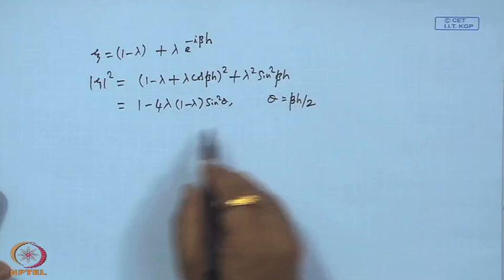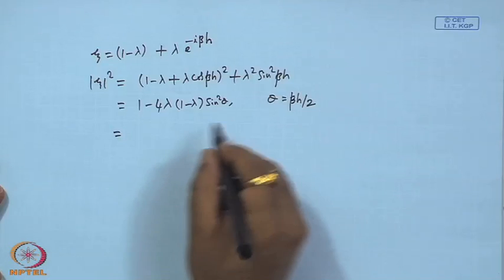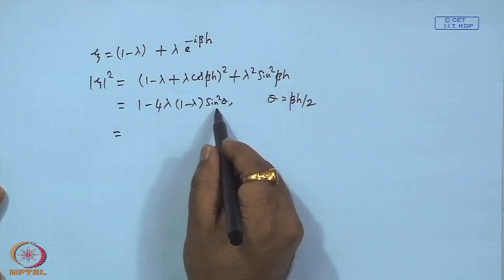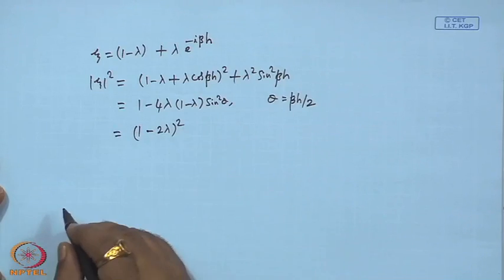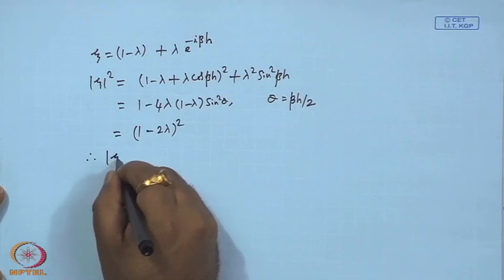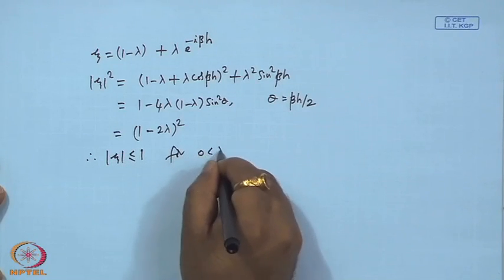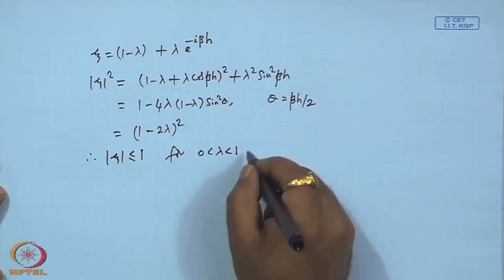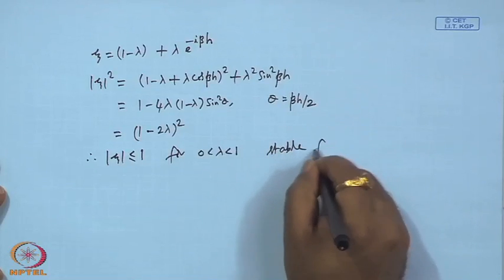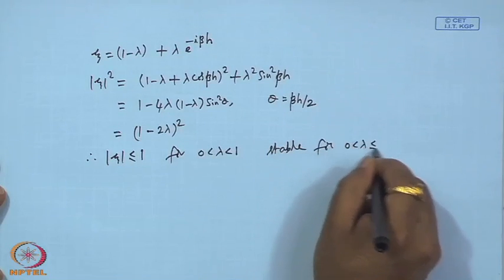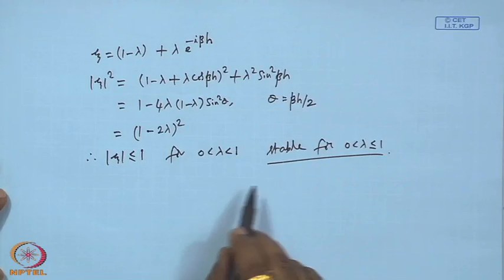So, this is almost similar, but there is a sign change, and considering the maximum value, okay. So, therefore, less than 1 for lambda less than 1. So, this is stable for, okay. So, this is the corresponding stability condition.